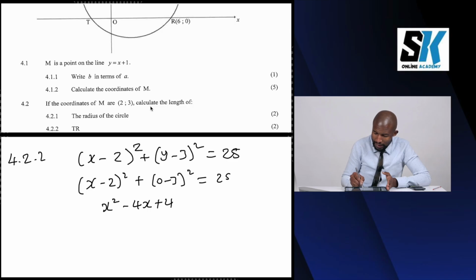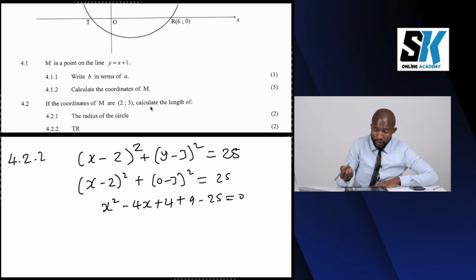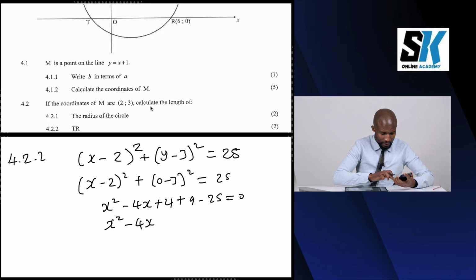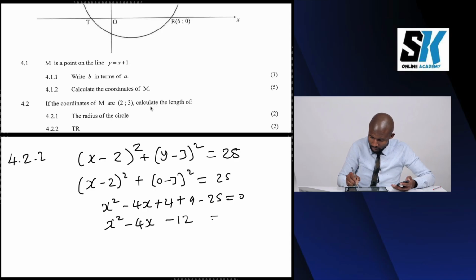So this will be x squared minus 4x plus 4, plus 9, minus 25, which is equal to 0. So that is simple algebra that we're going to use there. So x squared minus 4x, and then we have 4, we have 9, we have 25. So let's quickly do that addition and subtraction. So 4 plus 9 minus 25 is negative 12.